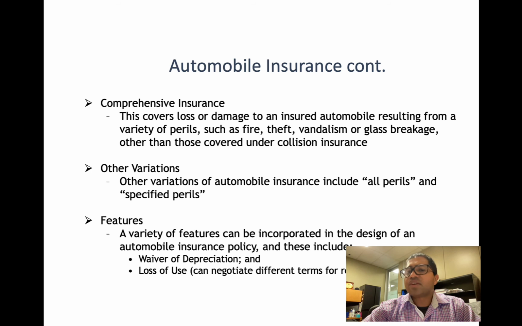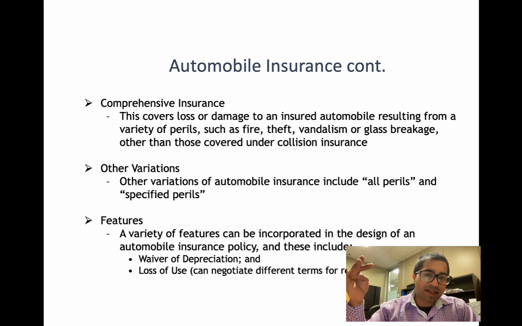Features. A variety of features can be incorporated in the design of an automobile insurance policy, and it includes waiver of depreciation. Waiver of depreciation means the moment you drive a car from a lot, let's say it's a new car worth $40,000, it starts depreciating. It starts going down in value.